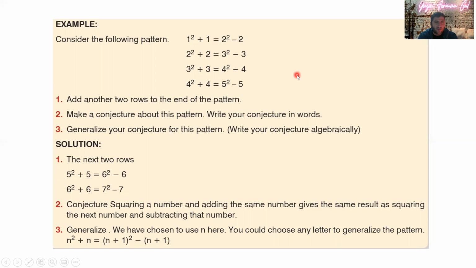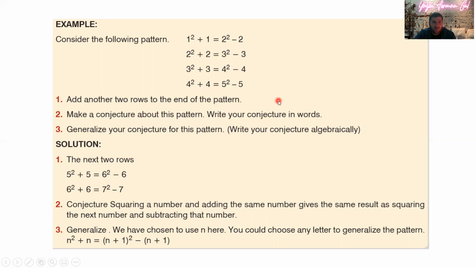So if we have to add another two numbers, guys, the next number will be 1, 2, 3, 4, so it's going to be 5 to the power of 2, right? Plus 5 equals 6 to the power of 2 minus 6.